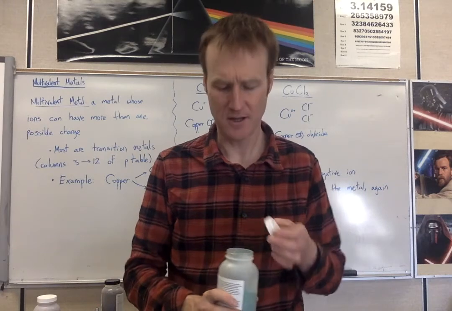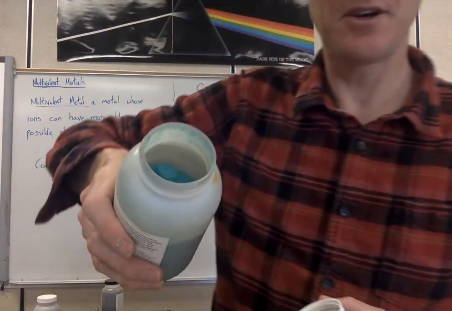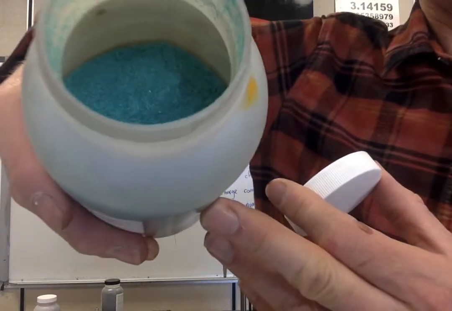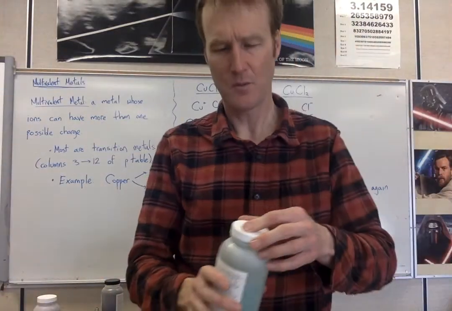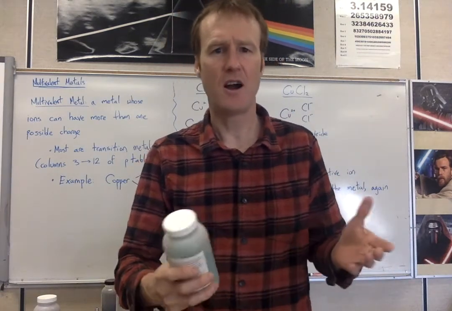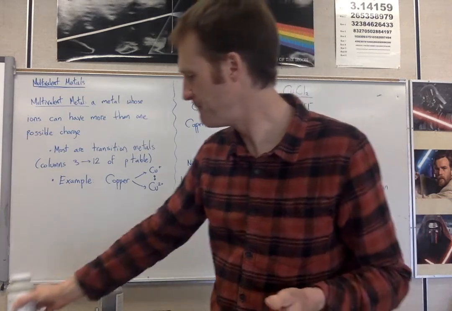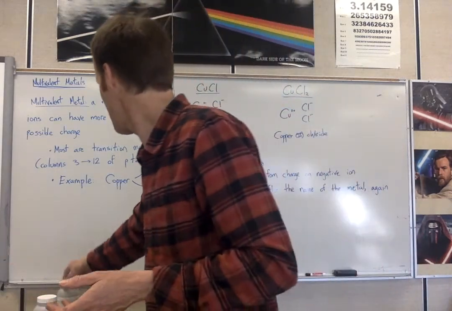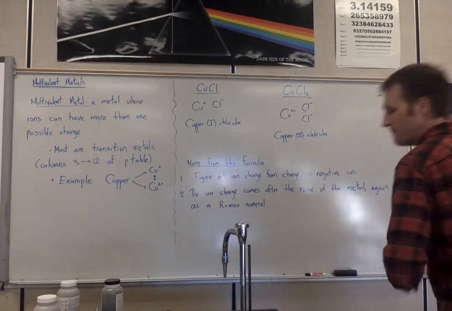Copper 1+ is relatively rare in comparison with copper 2+. So here is some copper(II) chloride right there. Pretty blue-green crystals. I already showed this stuff to you in the ionic lab. All right, that's copper(II) chloride.